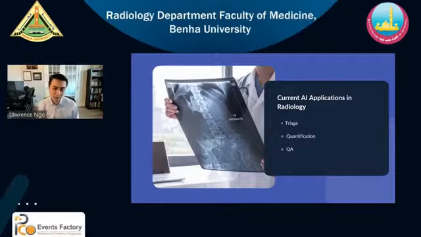One of the biggest ways AI is currently being used is triage. As you know, in many clinical settings, there's a long time between the time of scanning the patient and the time that a radiologist is able to look at the images and render an interpretation. In many of these cases, there can be life-threatening conditions that require emergency intervention.